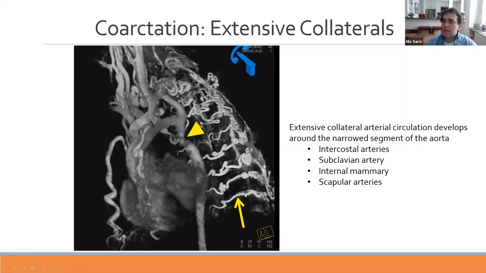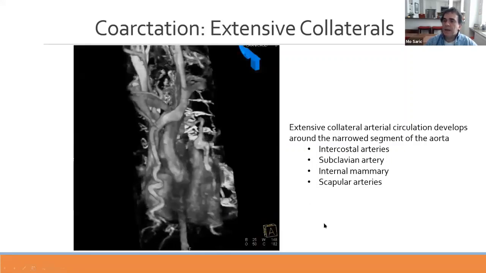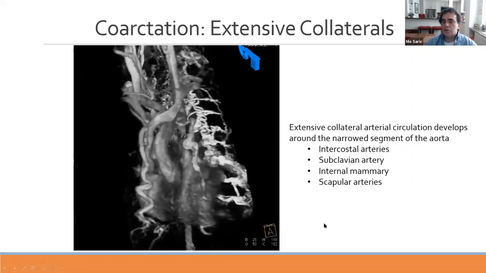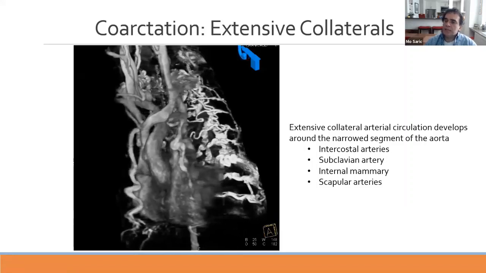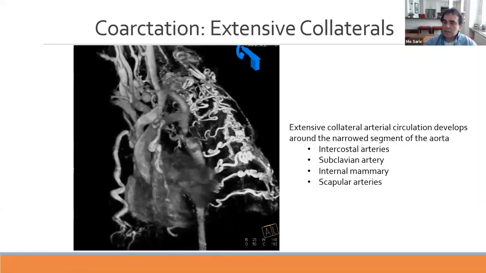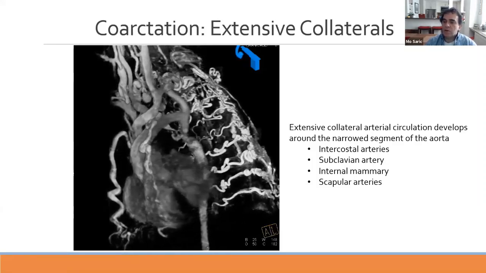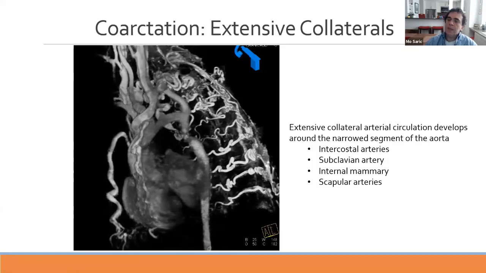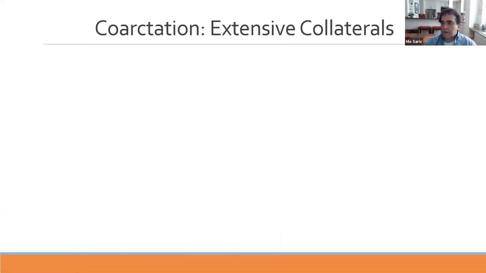Here, the most prominent intercostal artery. And here I'll show you the moving image as I rotate the reconstructed MRI image of a patient with a severe coarctation and extensive collaterals.